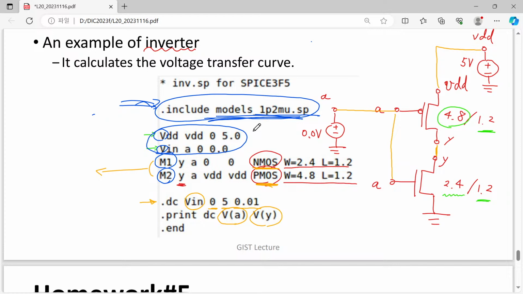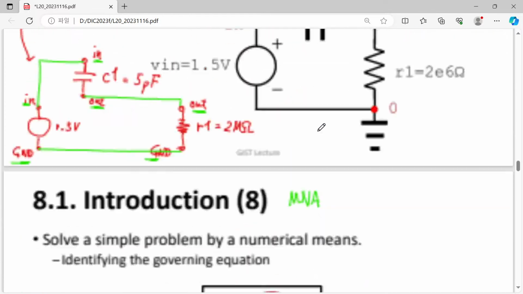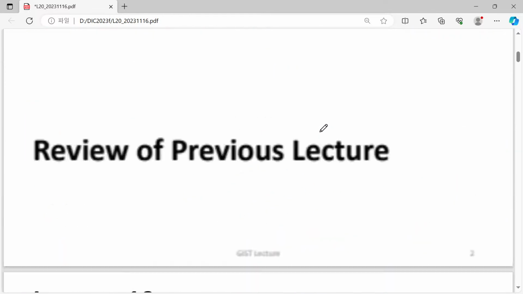It also came from Berkeley. Once again, you may feel that Berkeley contributed quite a lot to this field, and you may find this Berkeley BSIM model is the standard model. So I will prepare lecture material for this BSIM model as a supplement for our circuit simulation part.